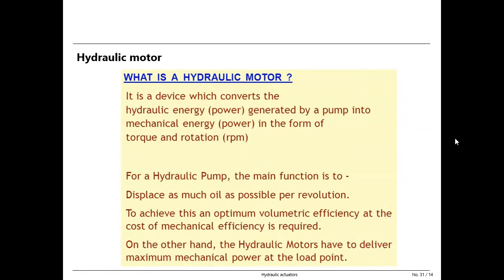For a hydraulic pump, the main function is to displace as much oil as possible per revolution. To achieve this, an optimum volumetric efficiency at the cost of mechanical efficiency is required. On the other hand, the hydraulic motor has to deliver maximum mechanical power at the load point.